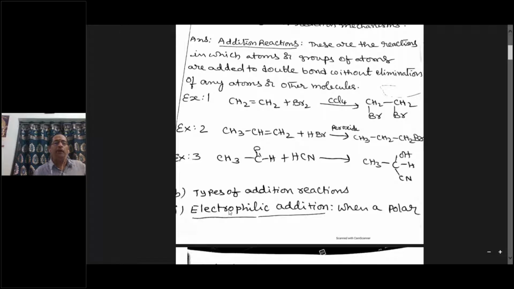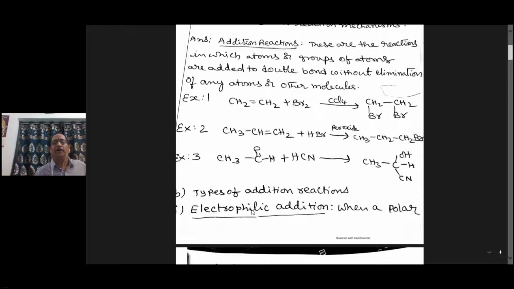What is meant by an electrophile? An electrophile is a positively charged species or electron deficient species, and a nucleophile has a negative charge or more electron density, whereas a free radical is an atom or group of atoms which has one single electron.